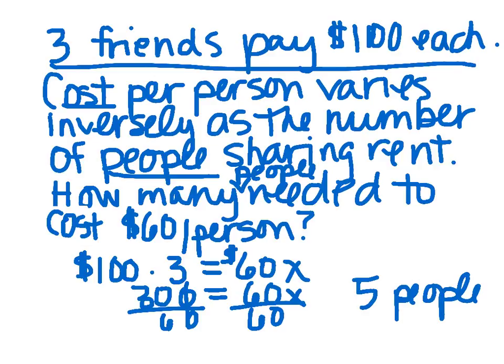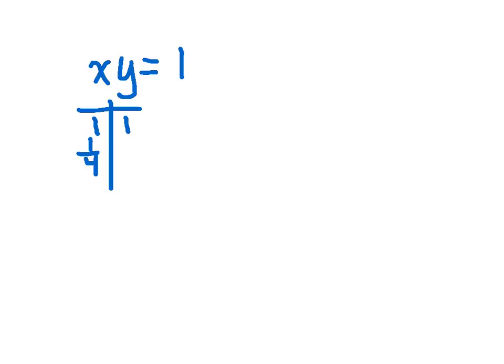The one last thing I do want to mention: sometimes in the basic things that you're trying to do, it might say, let's say x times y equals 1. Well, you're asked to find a bunch of values and then graph them. So clearly you know that 1 and 1 works. But those are the only integers. So you have to get a little bit fancy and say, what if I have 1/4?